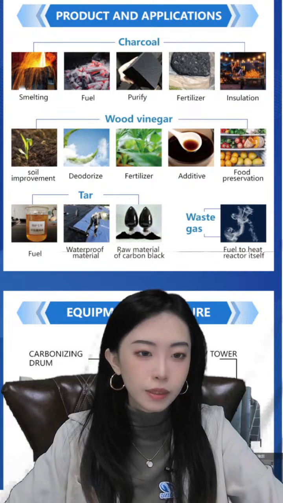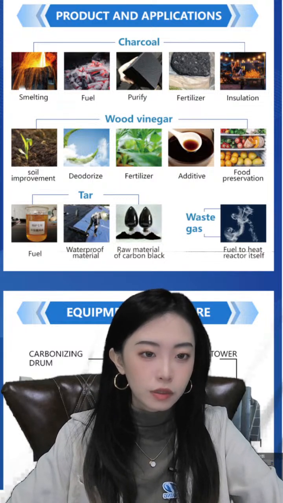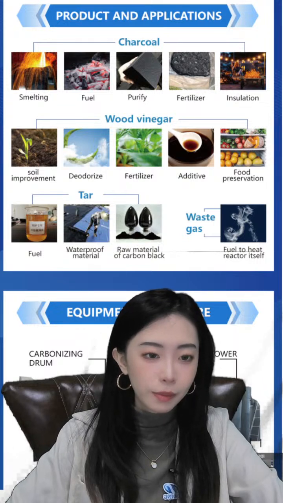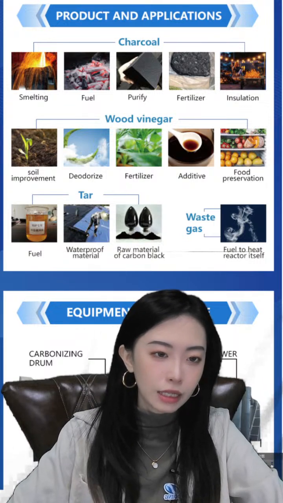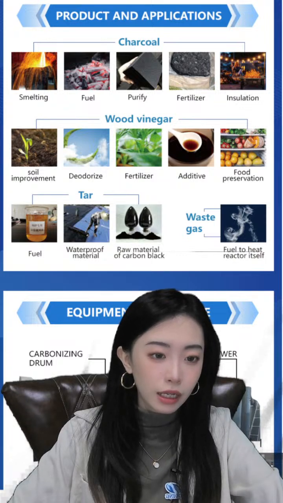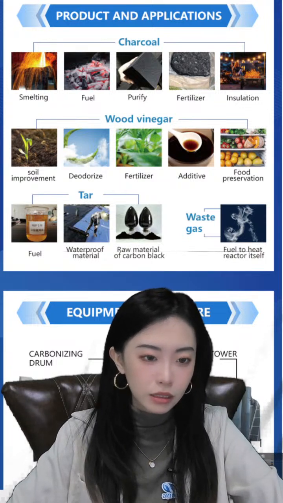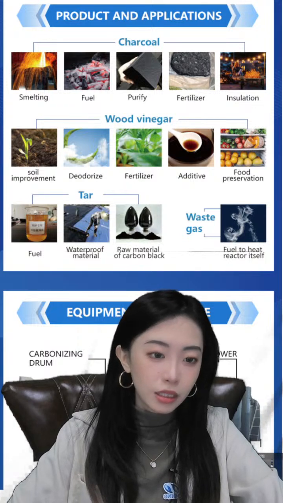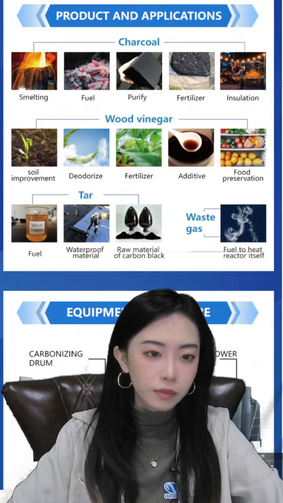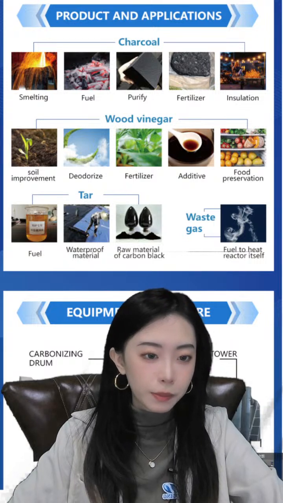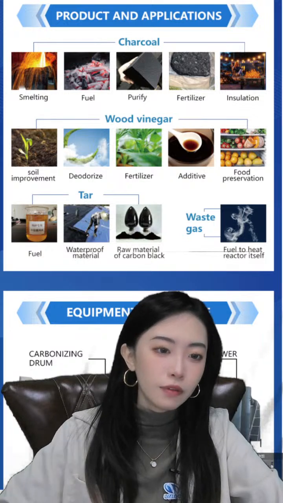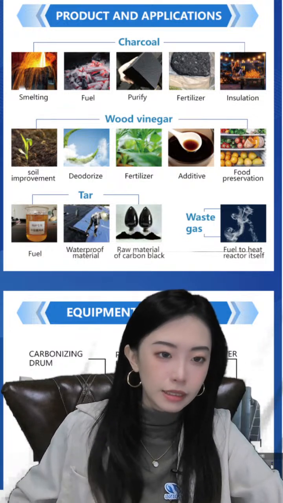It can be a raw material for fuel, also waterproof material and the raw material of carbon black. As we all know, carbon black also has high heating energy and can be burned to replace coal. And it can also be the raw material of rubber, paint, and so on. So it has a large range of uses.